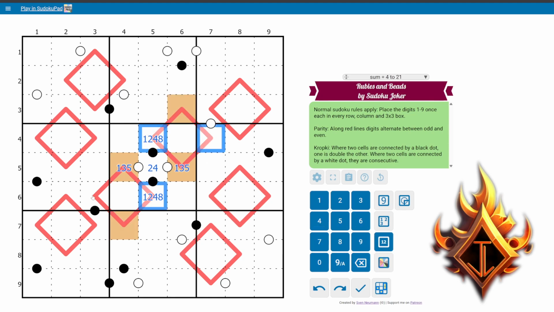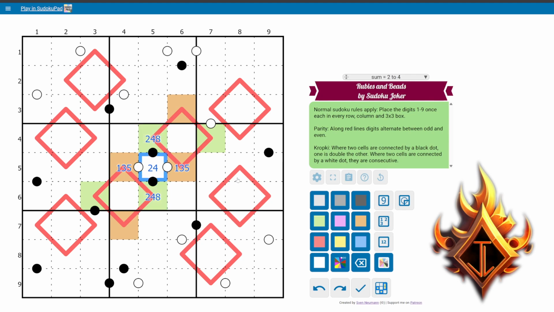These will be even. So 1 comes out. And now we will have to have a 4 here. So we can have a 2 and 8. So this can no longer be 1.